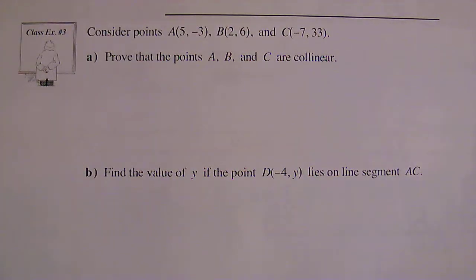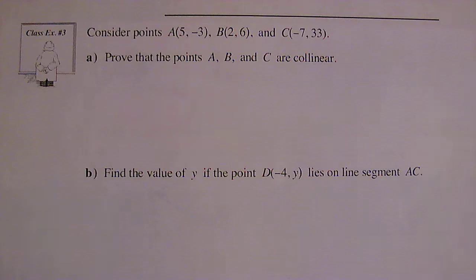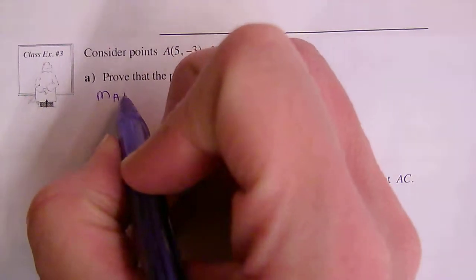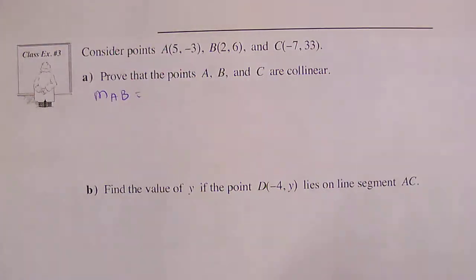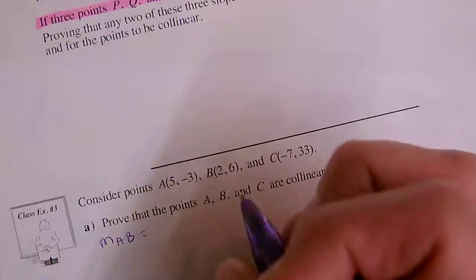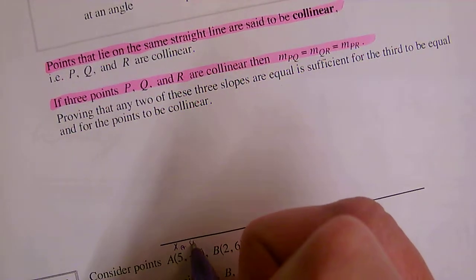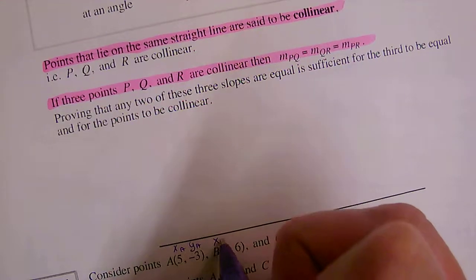So consider points A, B, and C. We've got our coordinates that we need to solve this. We just need to prove that 2 of them are collinear. So let's do the slope of AB first, and we're going to write out the formula. Because we've got so many coordinate points, we want to make sure that we don't make a silly error, which is easy to do.